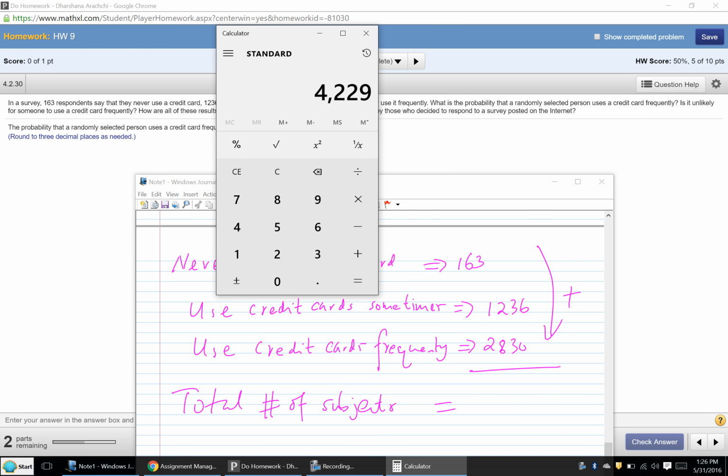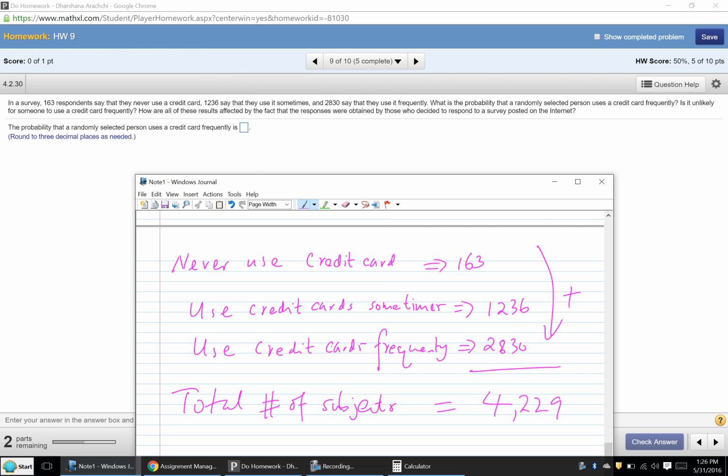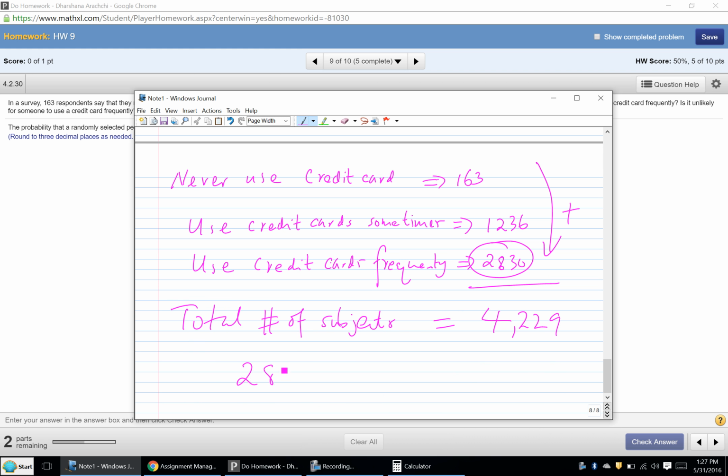There are totally 4229 subjects for this questionnaire. Out of this many, how many identified as frequent credit card users? 2830, right? So the probability is 2830 over 4229.